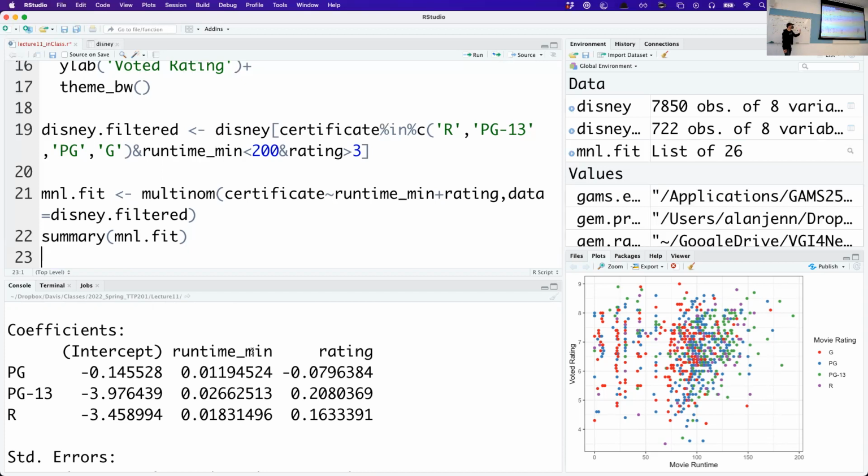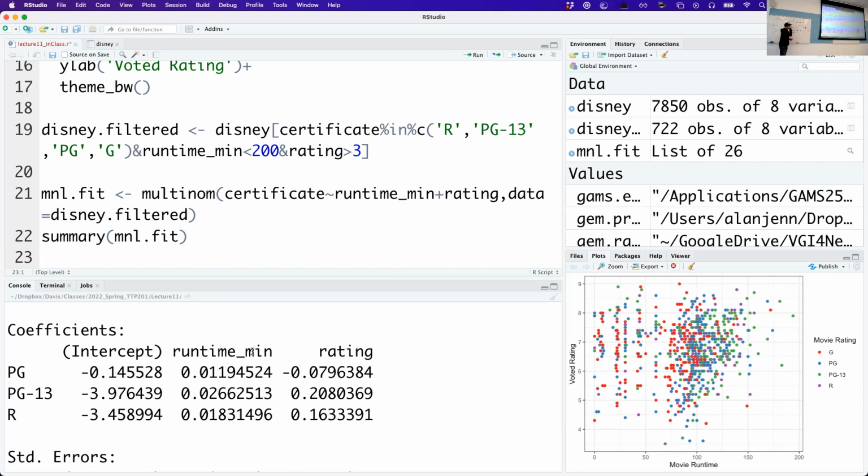The only thing I can really tell you here is that as my runtime increases, actually across all of these, the probability that it's each of these will increase, which means that G is probably the one that goes down.